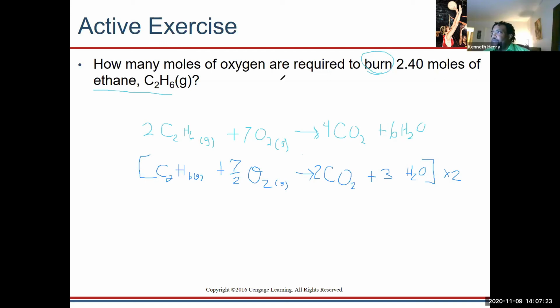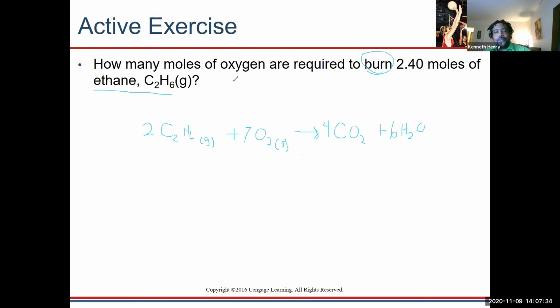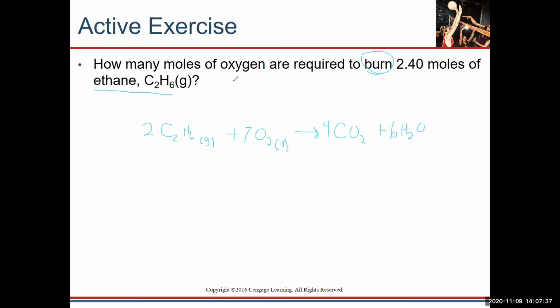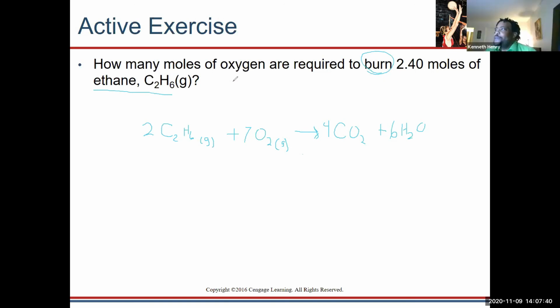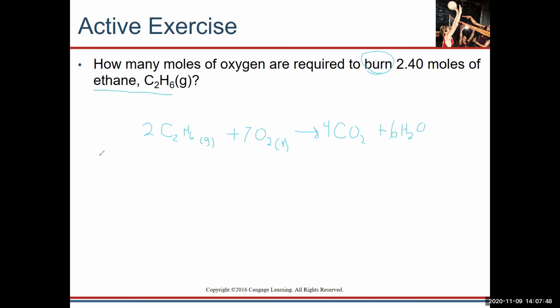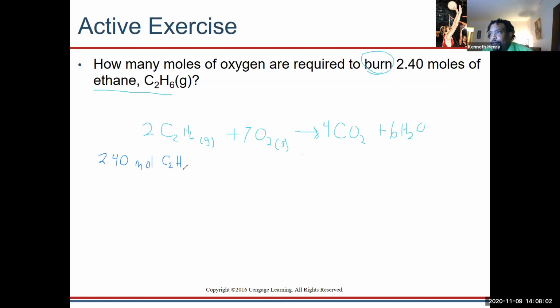Okay, so now, since you gave me such a hard time, you get to help me out with this. The question asks, how many moles of oxygen are required to burn 2.40 moles of ethane? So what am I going to start off with? Now that you balanced the equation, 2.40 moles of C2H6.